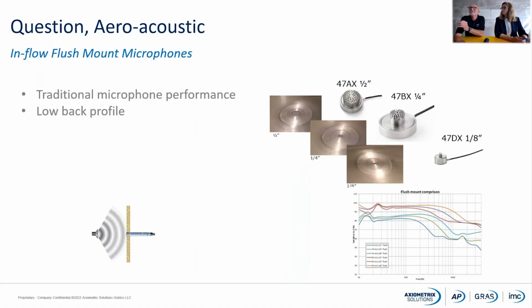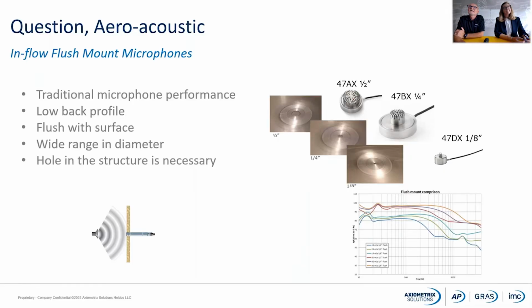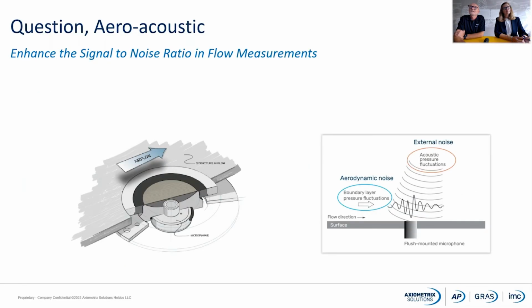So we will have a very, very low profile in the door. A flush mounted microphone will have no influence on your measurement. All the different microphones can actually be used for the surface mounted principle, but we have to make a hole in the structure.